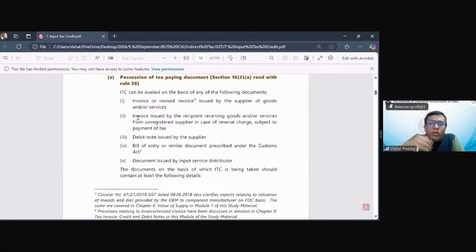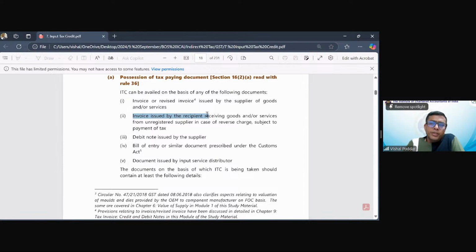Either paid by the supplier or you are paying it yourself under RCM, but it has to have some documentary proof. What is the documentary proof? First, it is the invoice or revised invoice of the supplier. Where the tax is paid by the supplier, it is the invoice of the supplier. Where tax is paid under RCM, it is your own invoice.